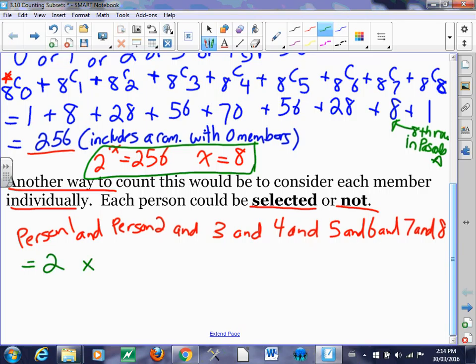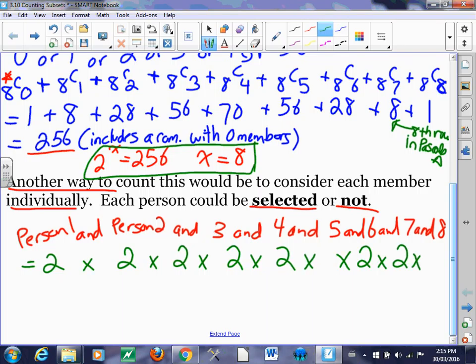No, I'm not. Two options. Same with person 2, same with person 3 and 4 and 5 and 6 and 7 and 8. What do you notice here about this pattern, which reminds us of the sum of the Pascal's triangle, is 2 to the power of 8. Okay, and just remember that 8 represents the number of people, whereas the 2 is the number of choices per person.